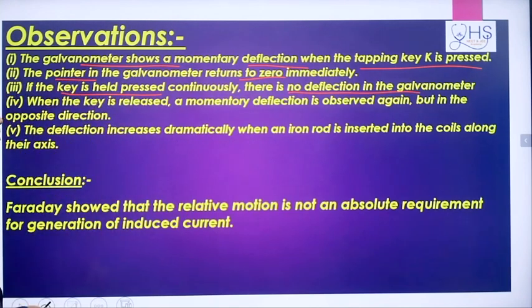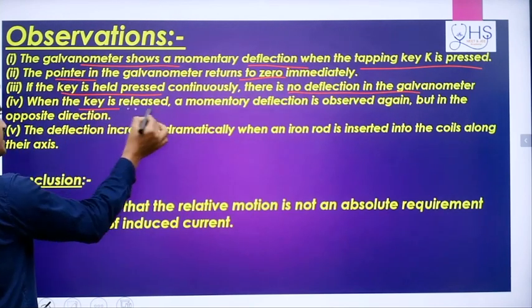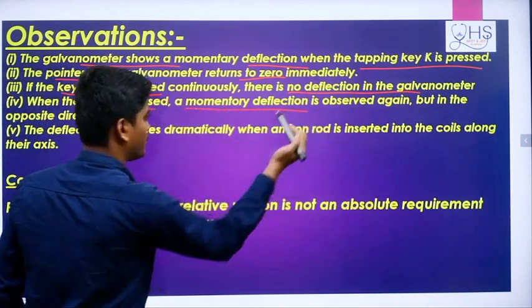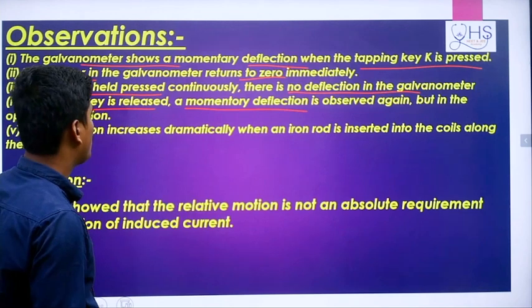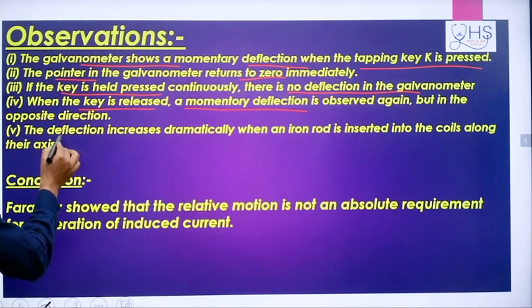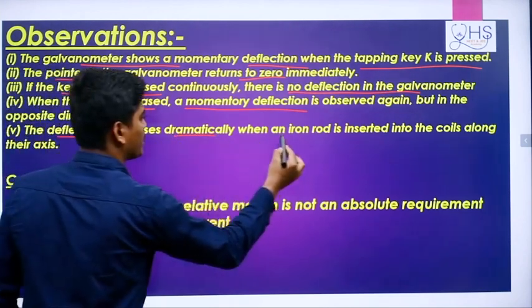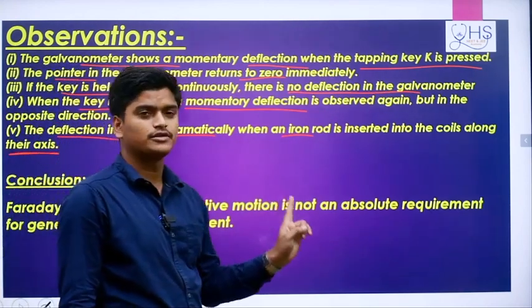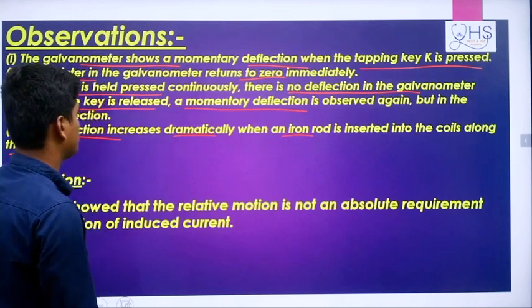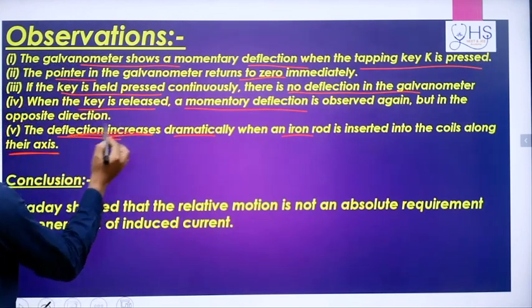But when the key is released, there is a deflection because current goes from maximum to 0, as releasing means open circuit. Also, the deflection increases dramatically when an iron rod is inserted. That is also a point to remember.